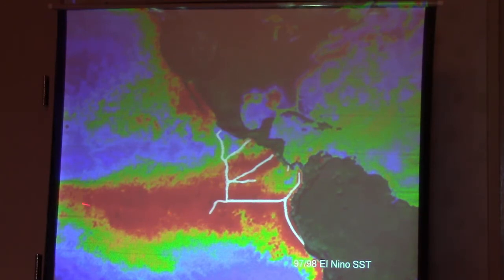But if you notice, there's this bifurcation right here. And it's interesting because the Cocos Ridge comes out of Central America towards Galapagos, and the Carnegie Ridge comes out here towards Galapagos. So you've got these interconnected ridges that bifurcate, and you get a sea surface temperature anomaly that bifurcates right above it.